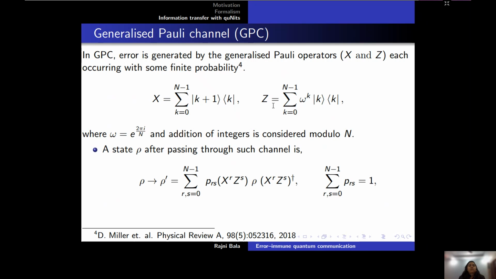Therefore, a state after passing through the generalized Pauli channel changes according to this equation. But we do not have any invariant for this general channel.